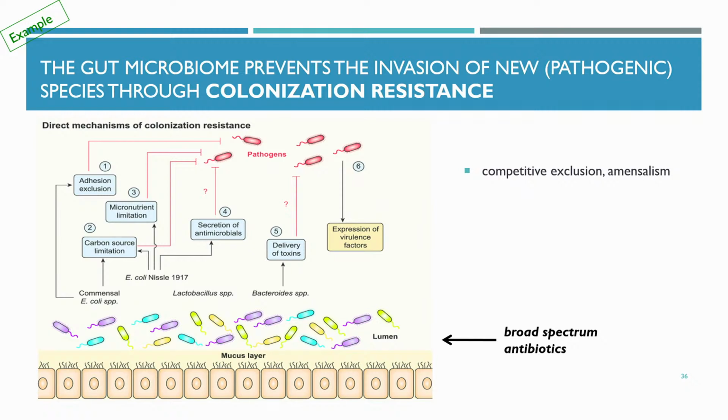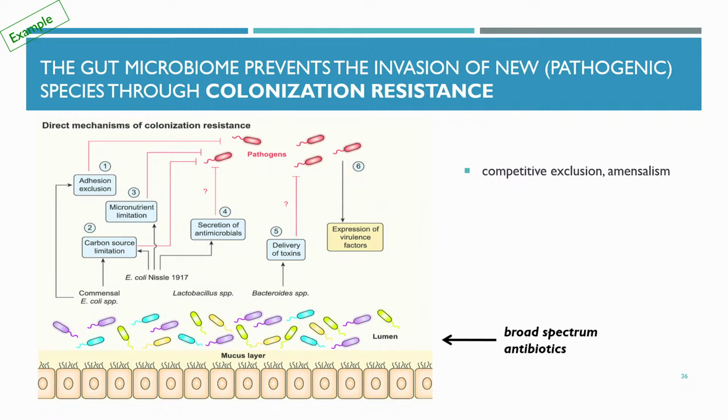And they do this in many ways. They're not just sitting there playing defense and boxing out anything that wants to come in. They actually have different ways. They can cause adhesion exclusion of pathogens. Pathogens here are shown in red. Commensal E. coli, for instance, or you don't even have to know these species, but just commensal bacteria basically can provide a physical barrier themselves, so that if something wants to come in and adhere to this layer, they're already there.